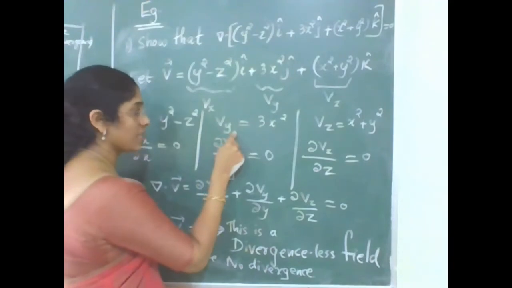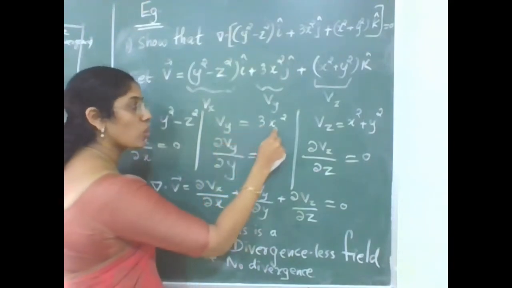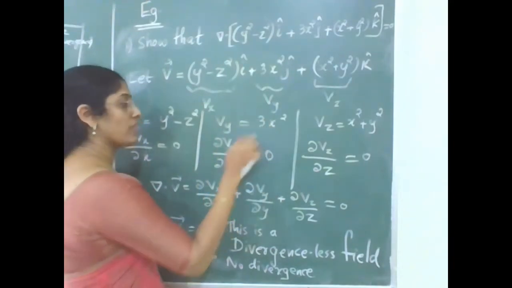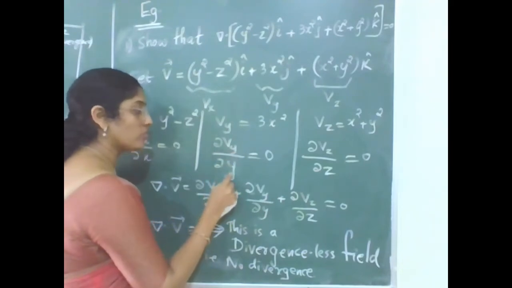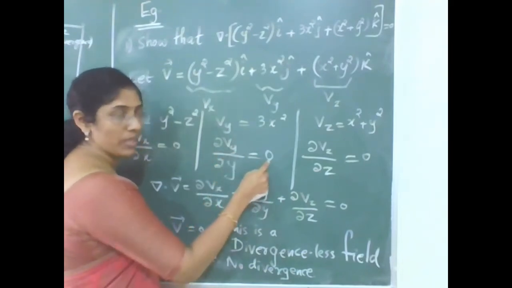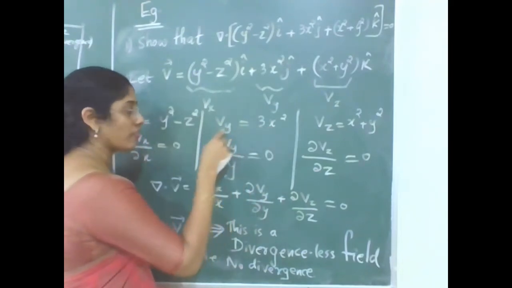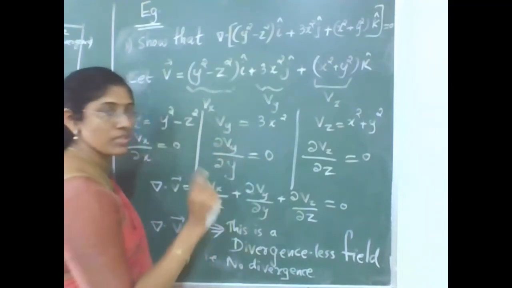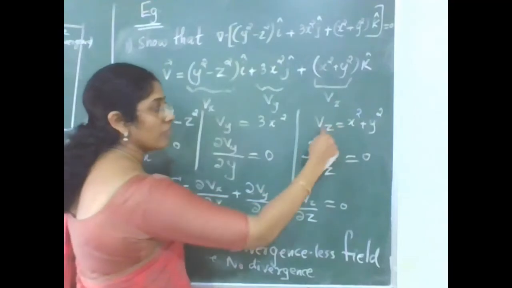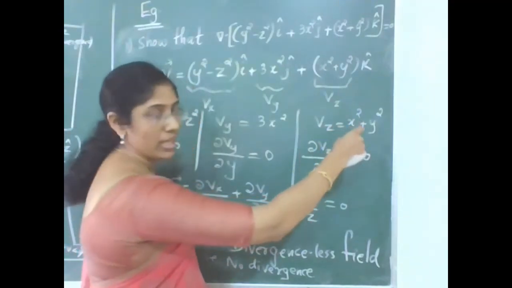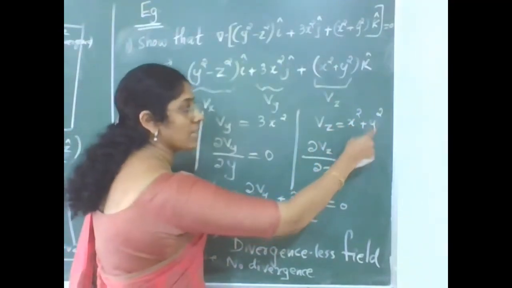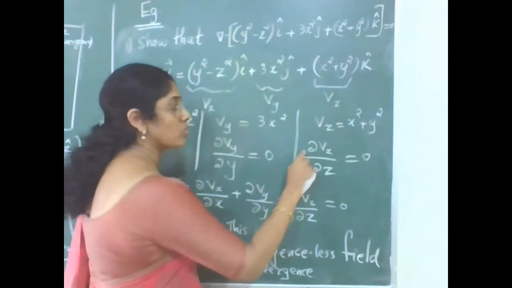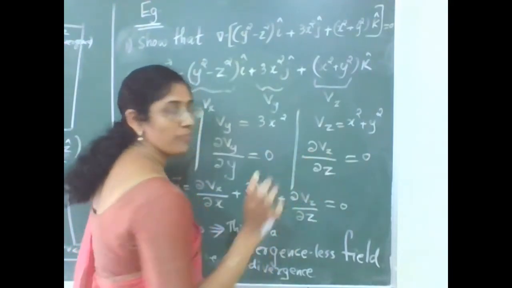Similarly, in Vy there is no term of y. So the partial derivative dou Vy by dou y is 0. x is a constant if we are taking the partial derivative with respect to y. Similarly, Vz is x square plus y square, and x and y are constants. So dou Vz by dou z is equal to 0.